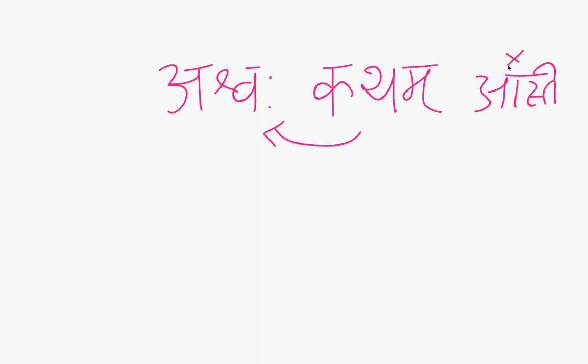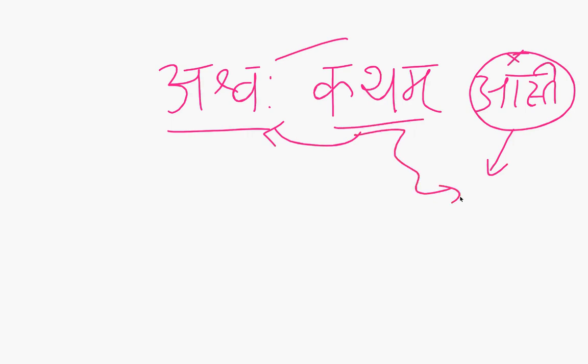Asti, as you know, even if it is not there, it is assumed to be there. So we can just ask Ashvaha katham, or katham Ashvaha, or katham Ashvaha asti. In this case, we are asking about Ashvaha. But other than asti, if there is anything else like dhavati, chalati, etc., then Ashvaha katham dhavati, Ashvaha katham chalati, in that case katham is on that kriyapadam.